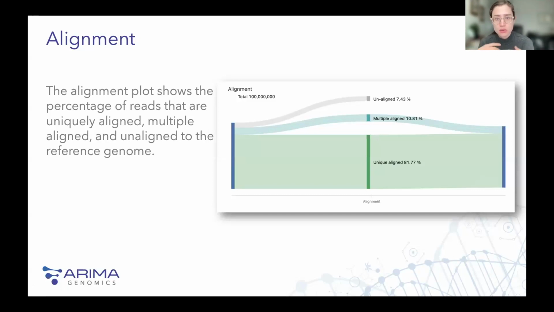That is because we have a lot of repetition in the human genome, but because these reads cannot be positioned exclusively on the genome, they're removed from the analysis. And you will always have some unaligned reads, hopefully a small percentage. If the unaligned reads are way too high, you may have some type of contamination in your sample, and you might want to consider taking a look at it.